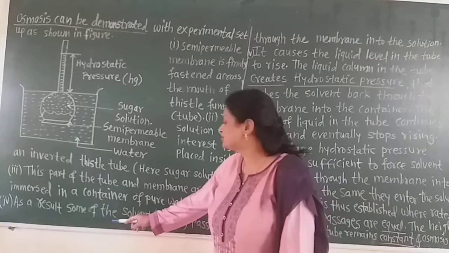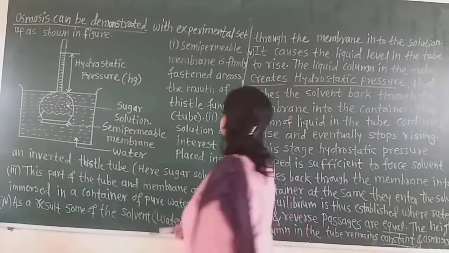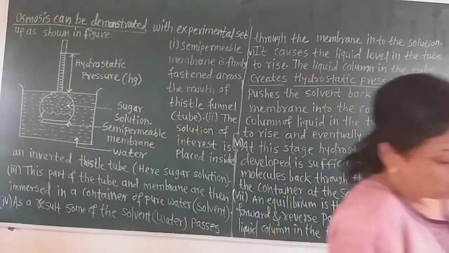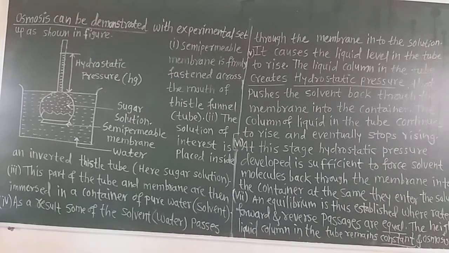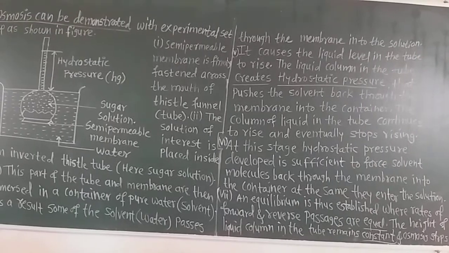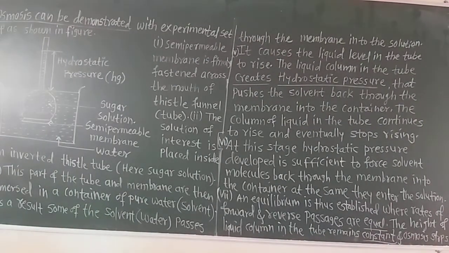As a result, some of the solvent, that is water, passes through the membrane into the solution. What is the result? After immersing that Thistle tube or funnel inverted into the container of pure solvent, here the pure solvent is water.